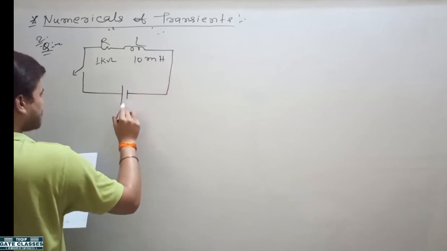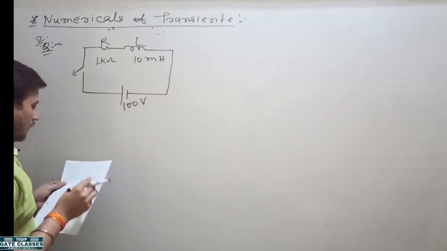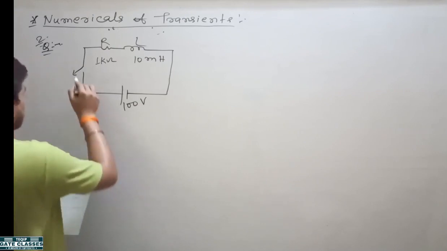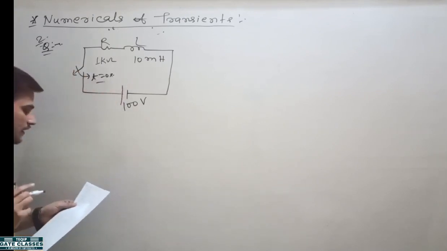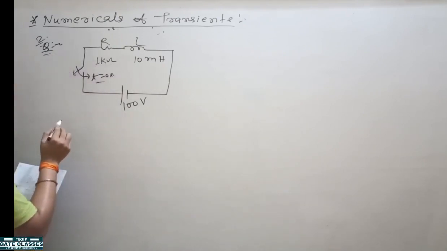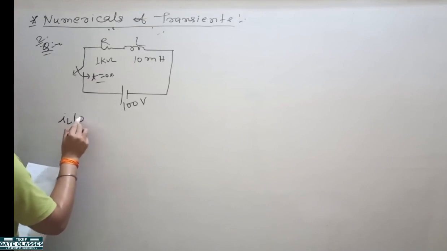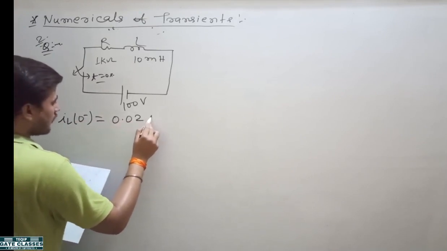That means the same circuit as that of the previous one. Now it is given that the switch is closed at t equal to 0 second, but here it is given that initially the current flowing through the inductor, IL 0 minus, is given to you, and it is equal to 0.02 ampere.